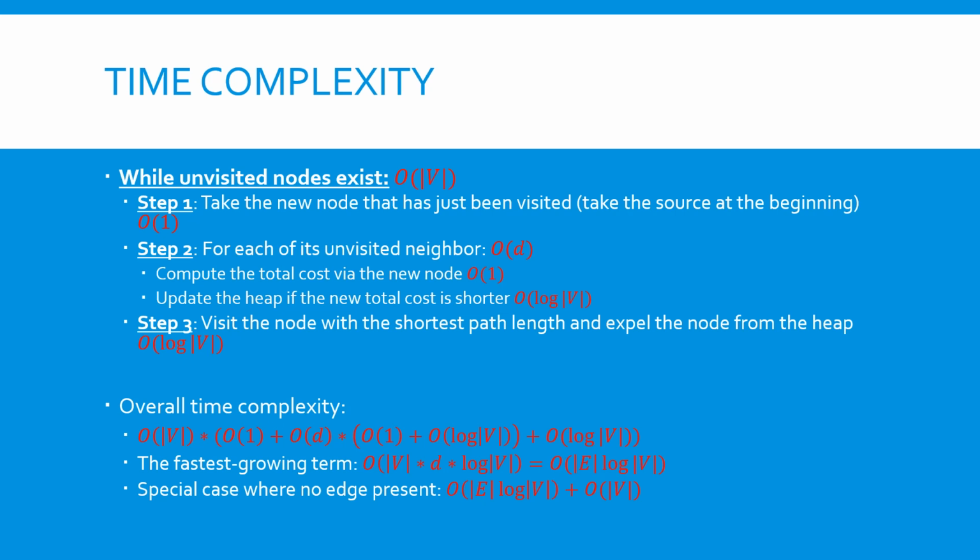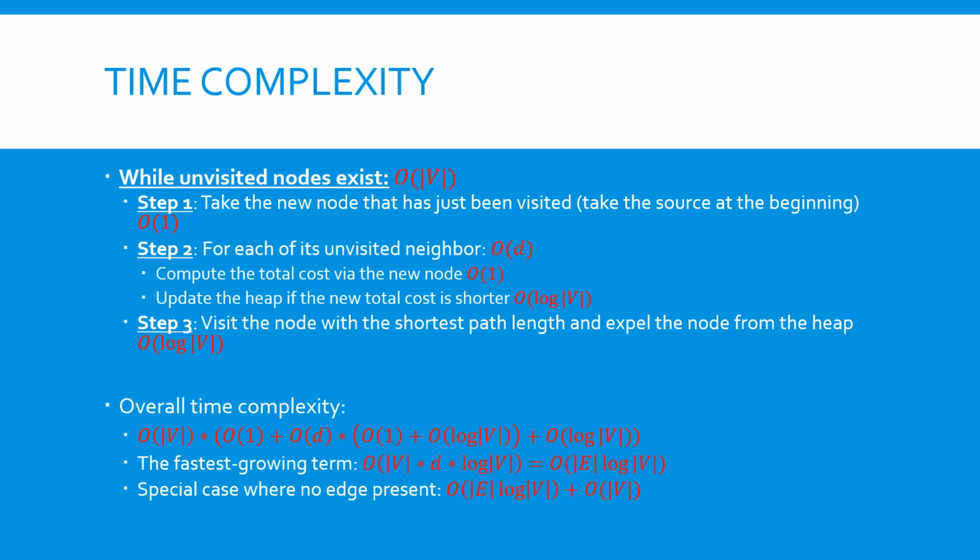On average, we say that the node has D neighbors, where D is the average degree of the graph. For each of its neighbors, we can compute its total cost in constant time. But if we need to update the heap with the new total cost, we will use the percolation operation that takes O(log V) time.